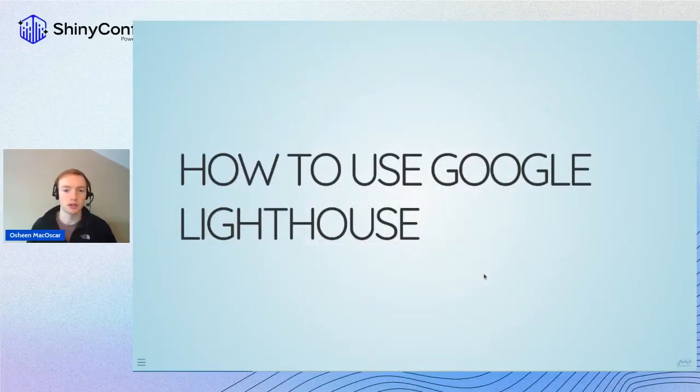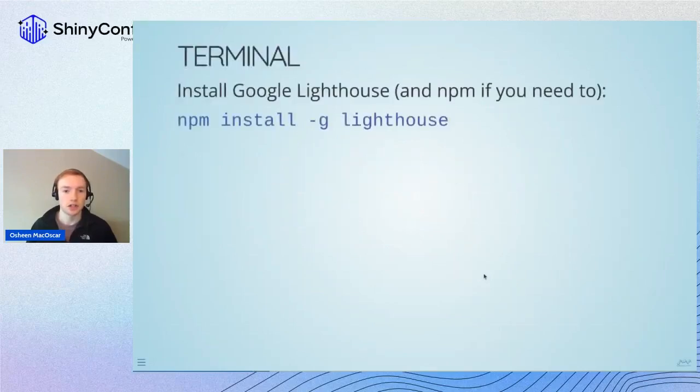So how do we use Google Lighthouse? There are two ways. The first way is through the terminal, and to do this, you'll need to have npm installed. To install Google Lighthouse, you do npm install -g lighthouse.